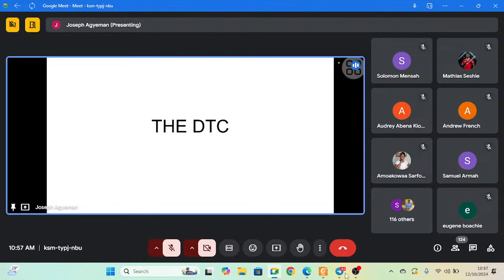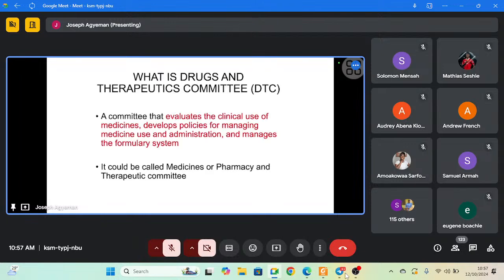So quickly, let's look at the Drug and Therapeutic Committee. Others prefer to call it by other names: the Pharmacy and Therapeutic Committee, the Medicine and Therapeutic Committee. So what is this committee? This is a committee that evaluates the clinical use of medicines. They develop policies for managing medicine use and administration, and they manage the formulary system.